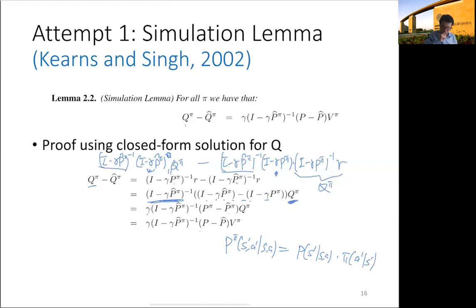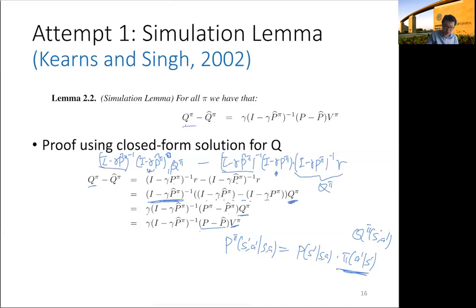So by combining this with a Q pi S prime A prime and adding them up, you can replace this Q pi with this V pi and get rid of this quantity in P minus P hat.